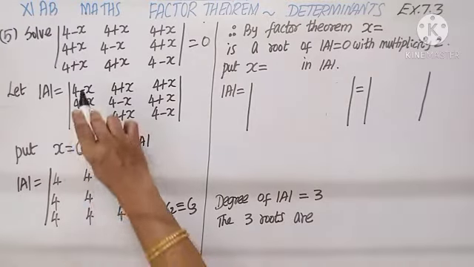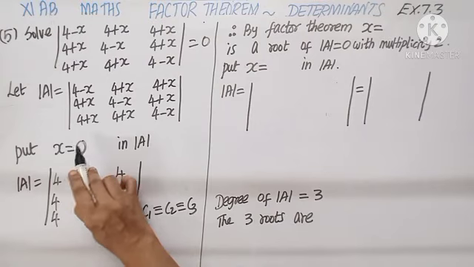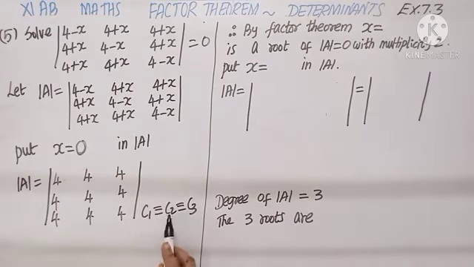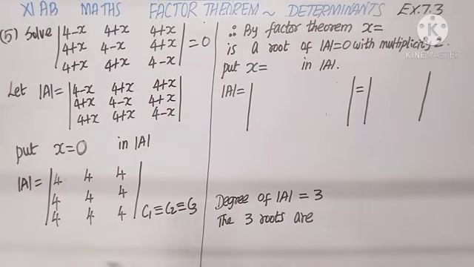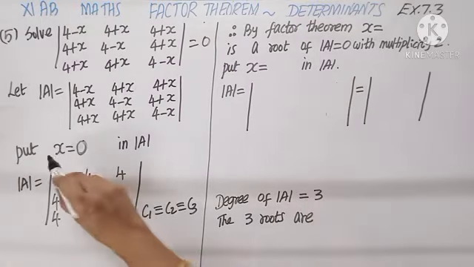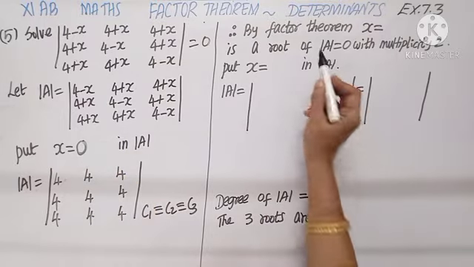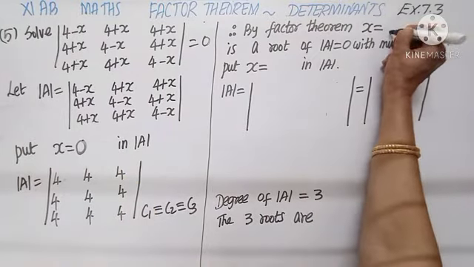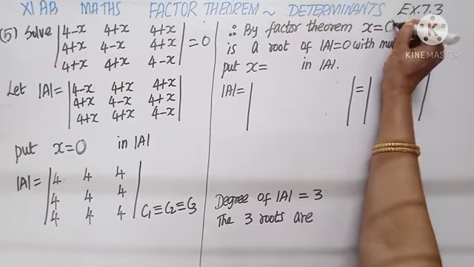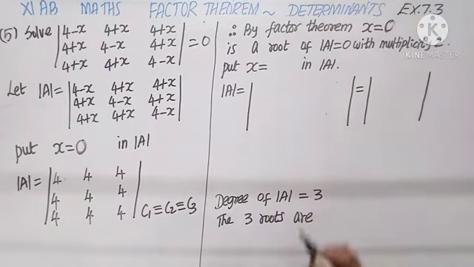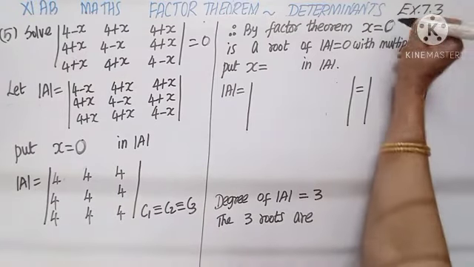So we have put x is equal to 0 and we got 3 columns to be identical. Whenever 3 columns are identical, we declare x is equal to 0 is a root twice, or I can say x is equal to 0 is a root of the equation determinant A equal to 0 with multiplicity 2.